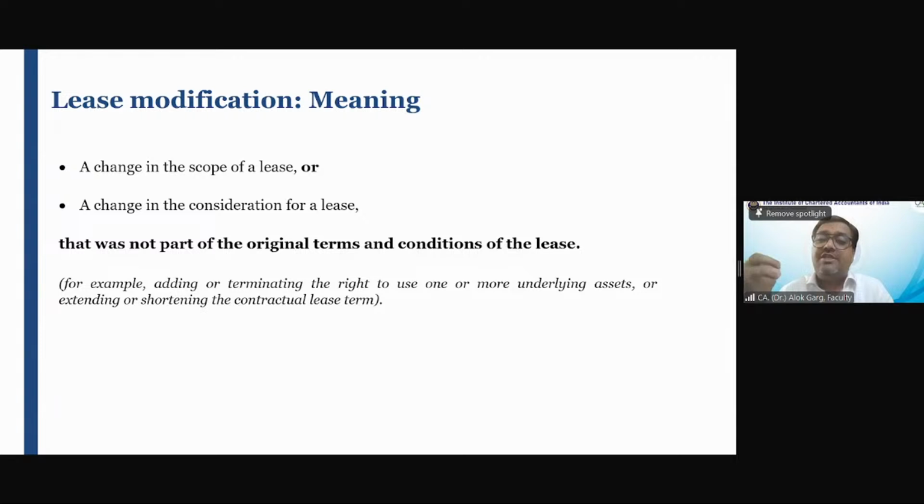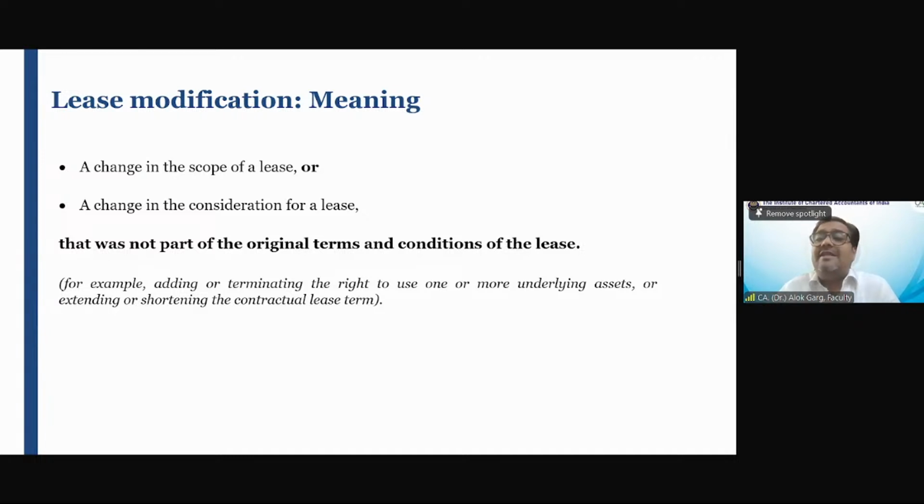So this change in consideration is part of the original terms and conditions of the lease, and hence this is not a lease modification. You have already factored this escalation while discounting your lease payments to a present value. These escalations are in substance fixed payments, which you have already considered in your lease payments, and you have discounted all those future lease payments to arrive at the right of use asset and lease liability.